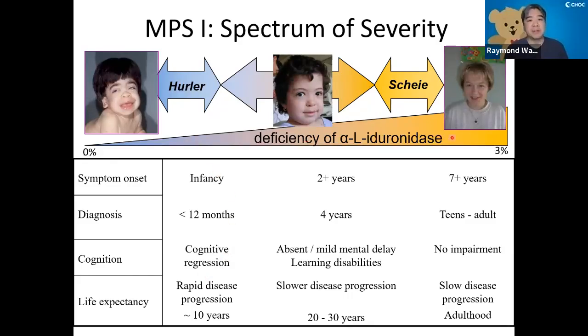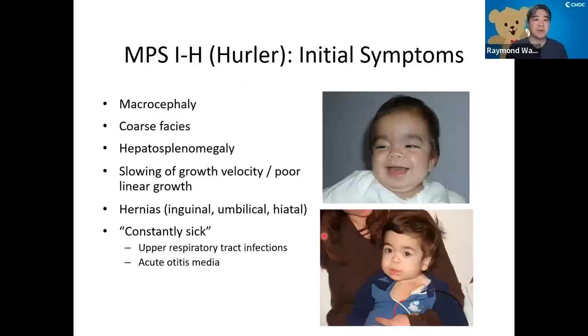As you go down the spectrum of severity, notice that there's less and less cognitive impairment. Some Hurler-Scheie individuals can have some degree of learning disability, but typically not the regression that's seen in the severe cases.